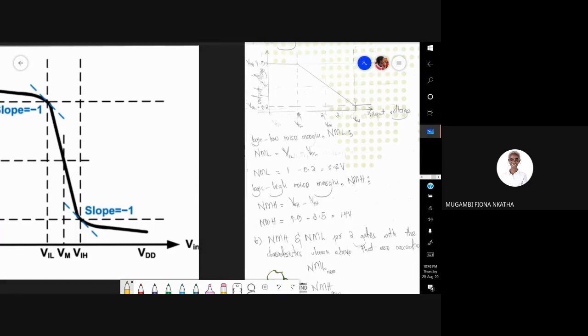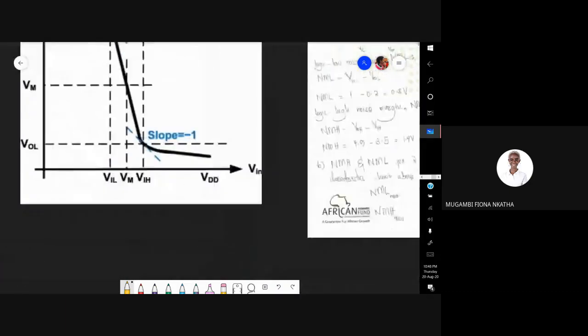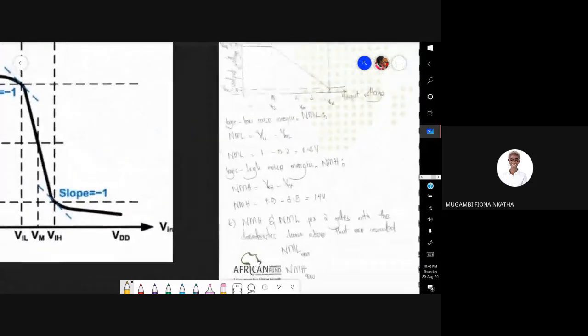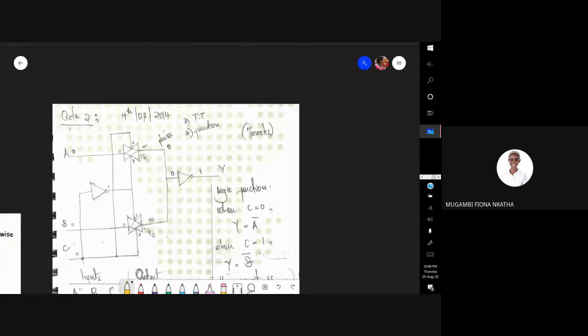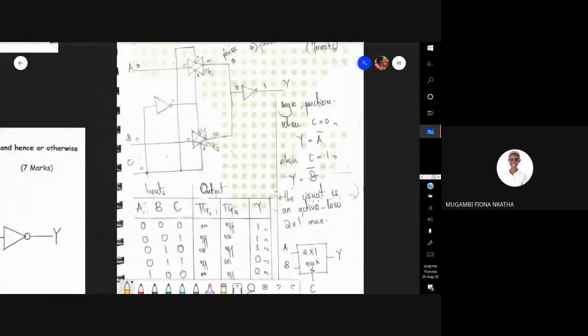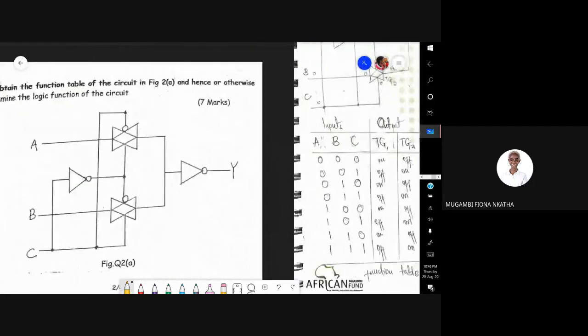There are two parameters we are not able to find. If you know how to get that, please let us know, but we're able to do part A, which I've explained. So now we're just going to do a CMOS question.